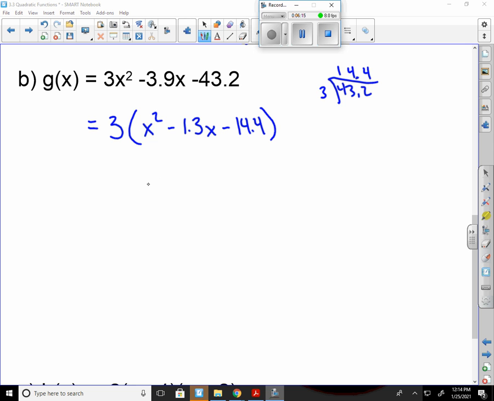So the first thing I'm going to do is check my b squared minus 4ac to see if I can even get a 0 here.